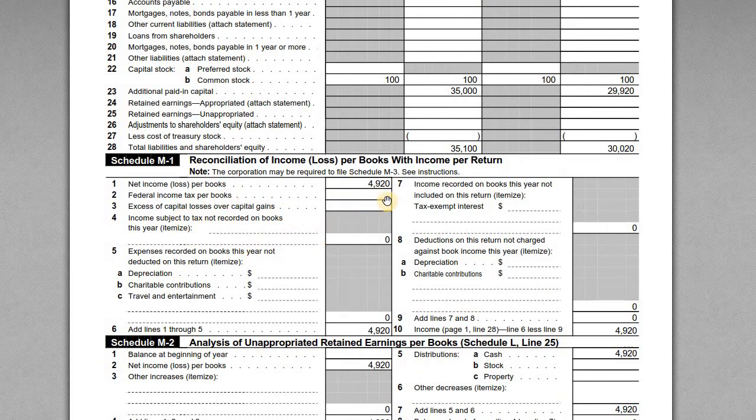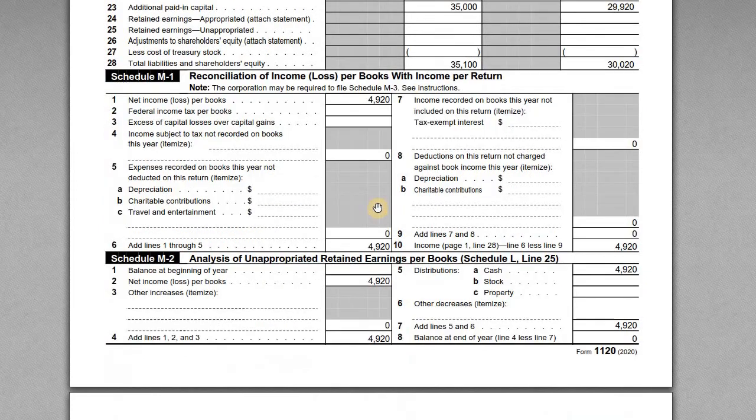the company made $4,920 in income, but the shareholder decided to take $10,000 in a cash dividend distribution. And so what happens here is the $10,000, again, as a dividend, is only subject to income taxes as a dividend to the extent you have earnings and profits.